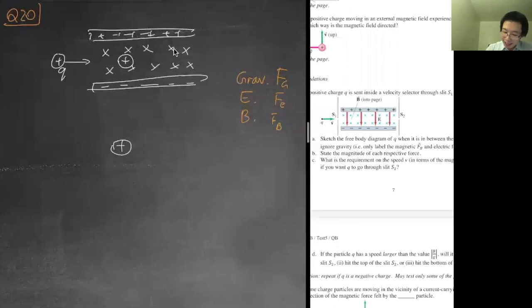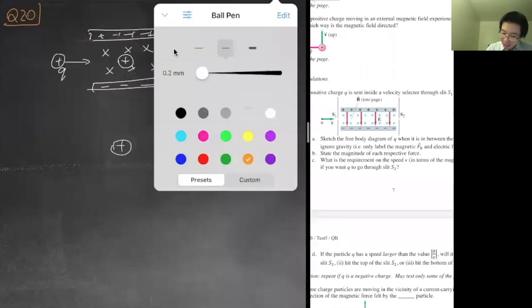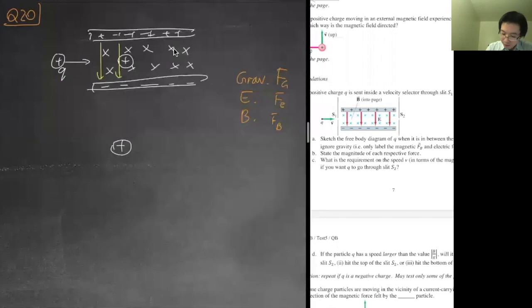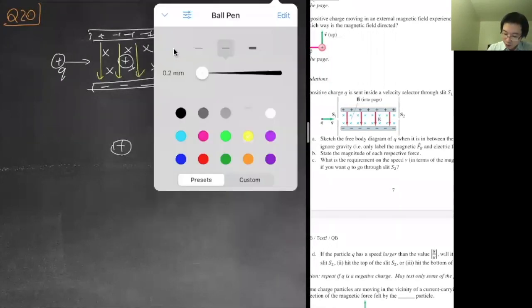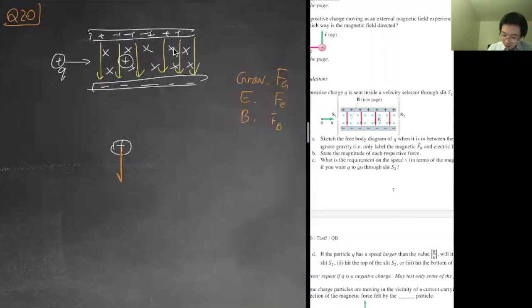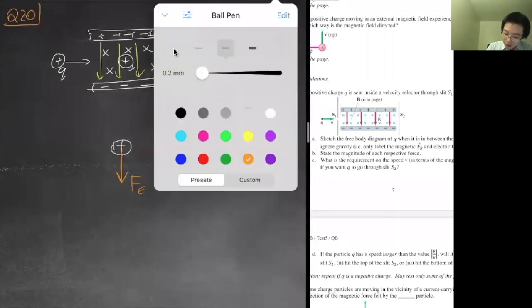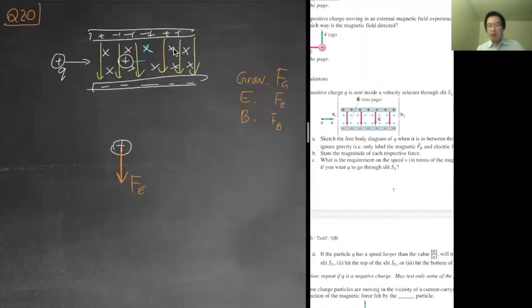Which way are the electric fields going? The electric field is going downwards, from positive to negative. So the electric force will point down. And then the magnetic force: the charge is moving this way into the field. I think the quickest is your left-hand rule. Imagine the current is going this way.